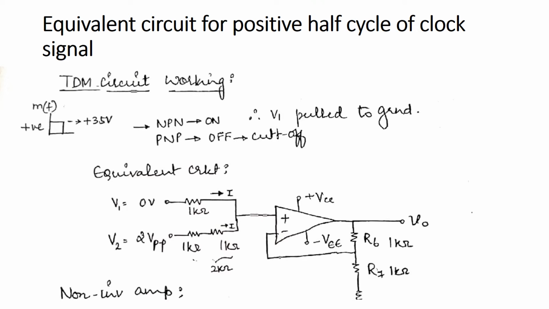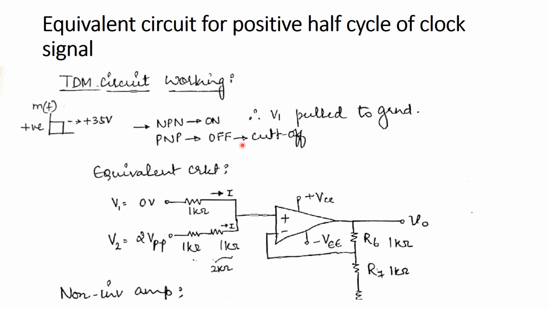As we know, we are applying a 7-volt clock signal. I'll take a moment to use a marker. So we have here the positive half cycle of the clock. The peak to peak of the clock signal was 7 volts. So when we consider only the positive half cycle of the clock, it will be plus 3.5 volts.